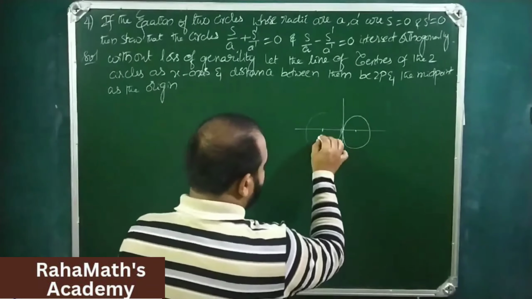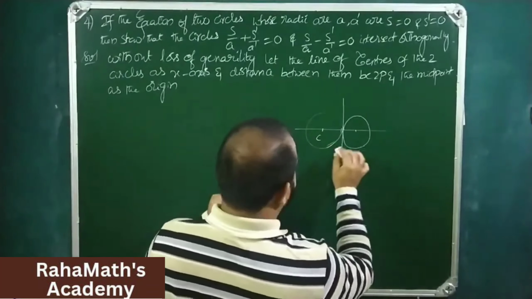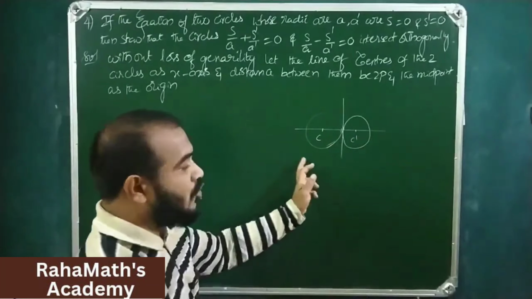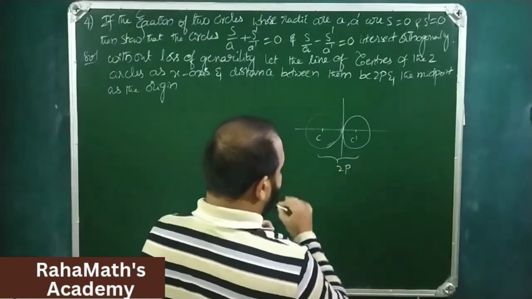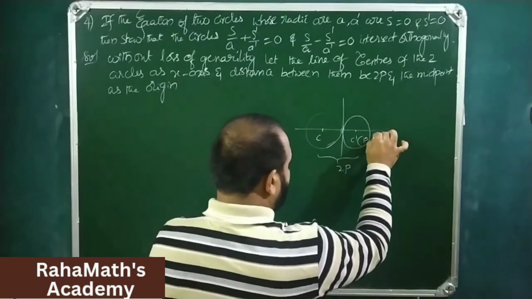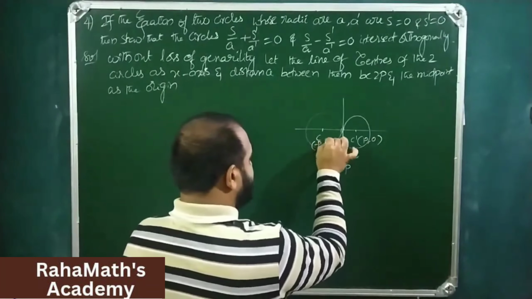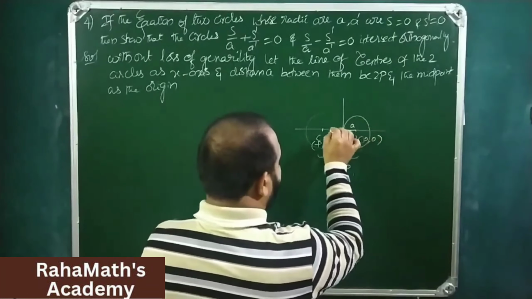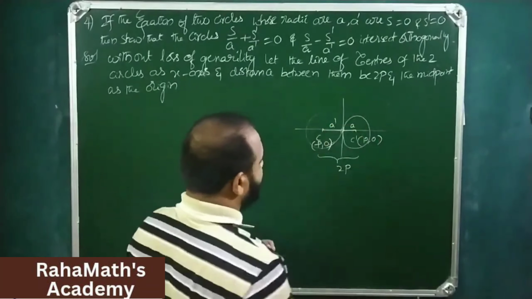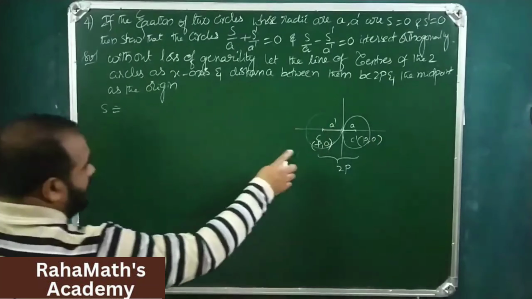So since C, C dash are the centers of these two circles, and since this distance is 2p, that means this is p comma 0 and this is minus p comma 0. And the radius a is given for the first circle, a dash is for the second circle.